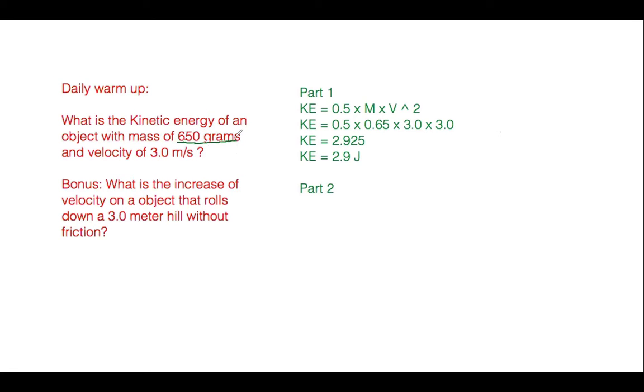As soon as you see 650 grams, that's telling you two things: that the answer should be 2 sig figs, and that we need to divide by 1,000 to get our standard units. As soon as you see 650 grams, that's telling you a lot of information. It's not just a number. You have to learn to pay attention to the units as well.